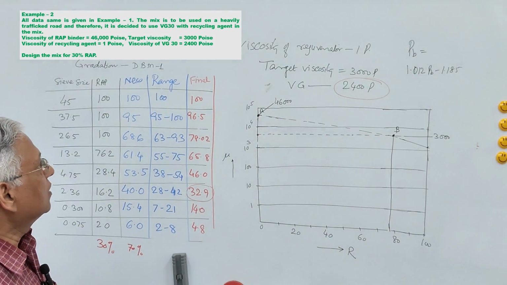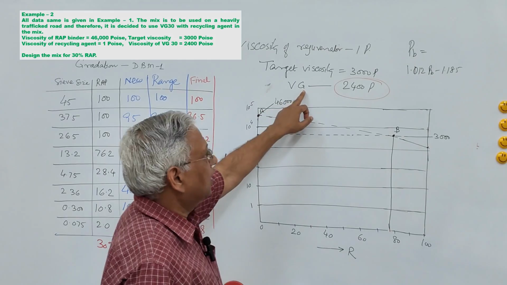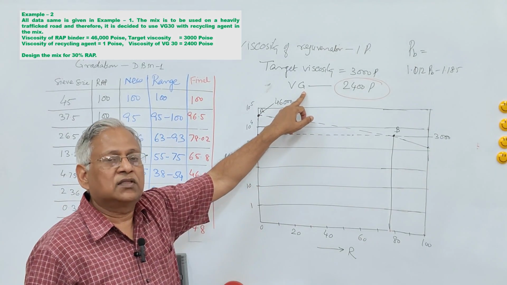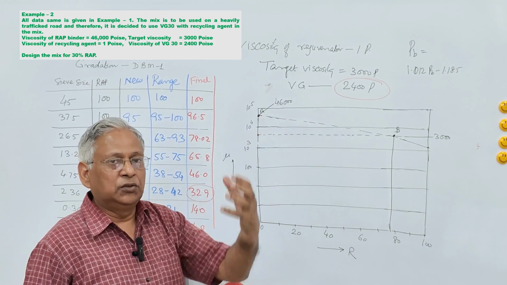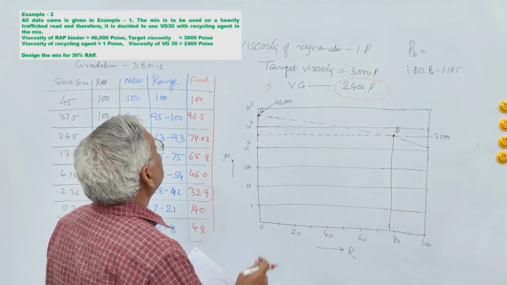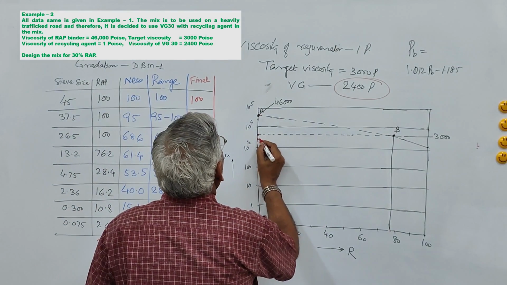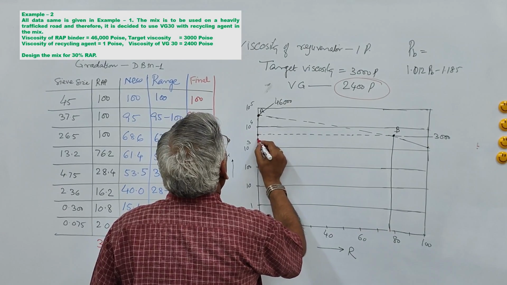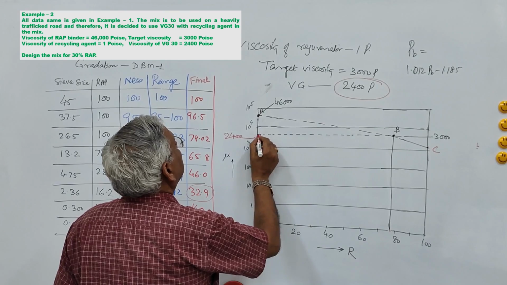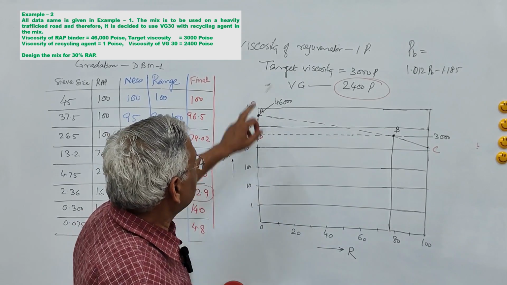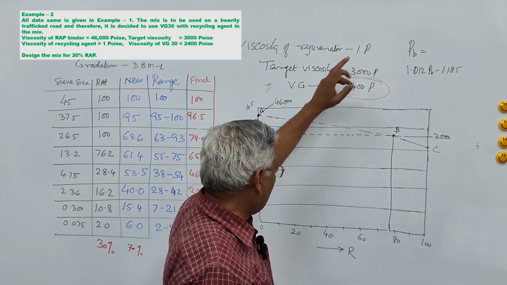Now, when you are using VG30, you know the viscosity of the new binder, and therefore you need to use the Rejuvenator. And this is here VG30, 2400. So if this is point C, let us say this point is D. And you also know viscosity of Rejuvenator 1.